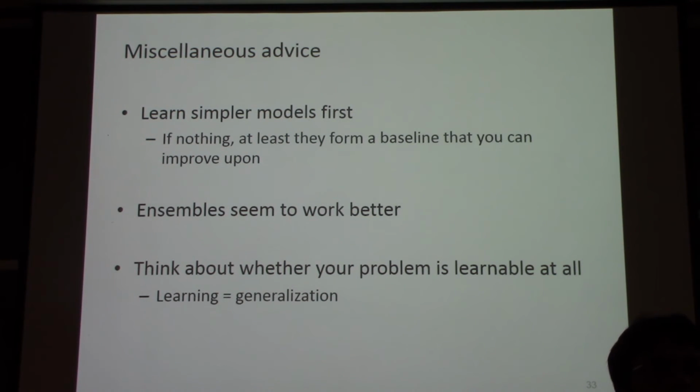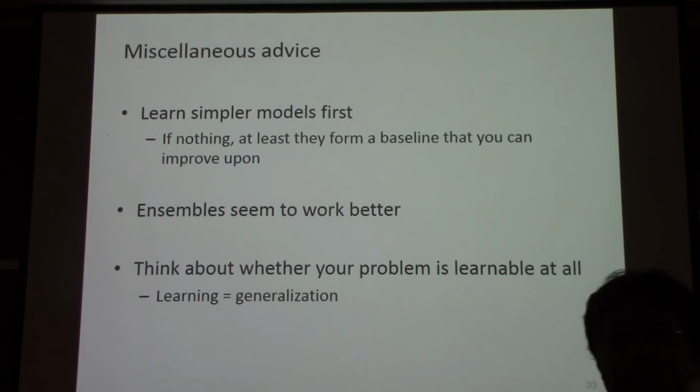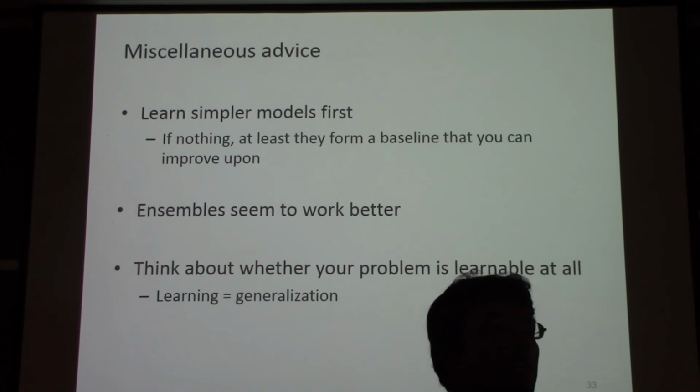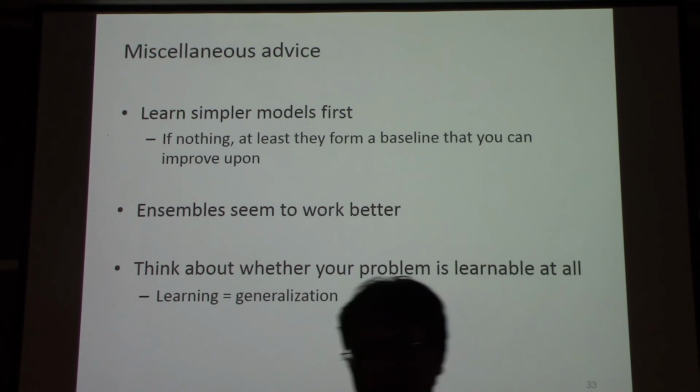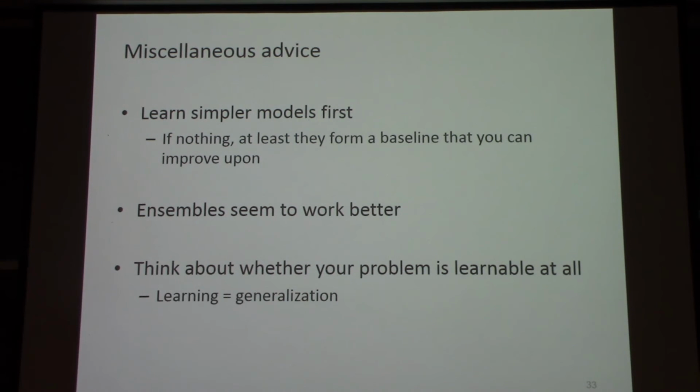There's not enough information, and most of us will agree that this is not a learnable problem. So it's good to get this sense of gut feeling as to whether learning can even be applied here or not. And once again, that comes by thinking about the application more than any of the learning aspects.